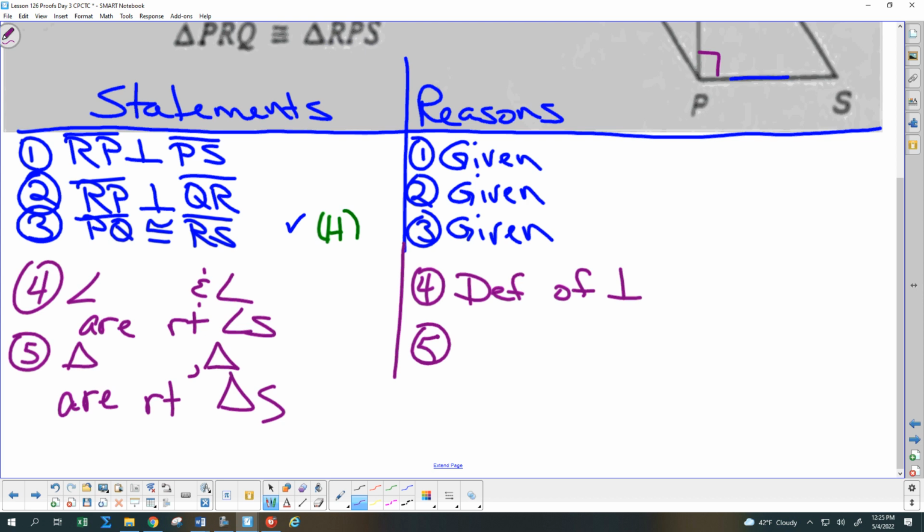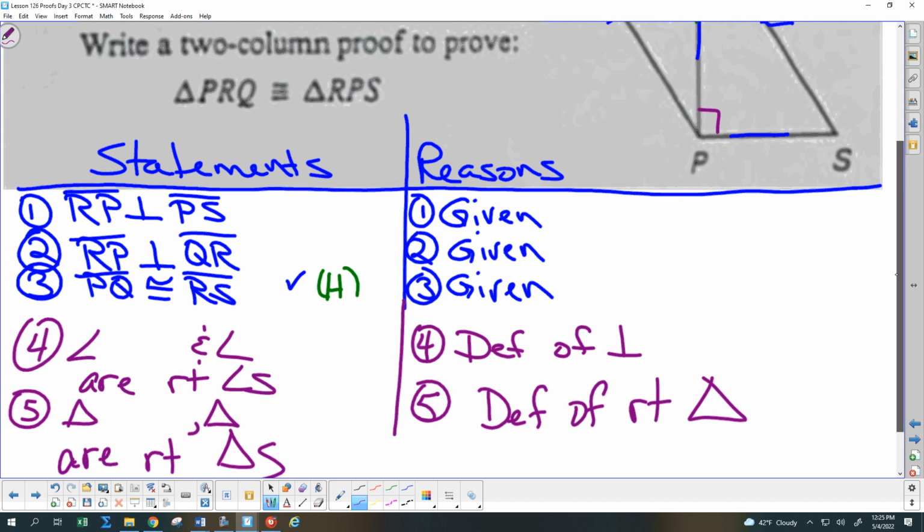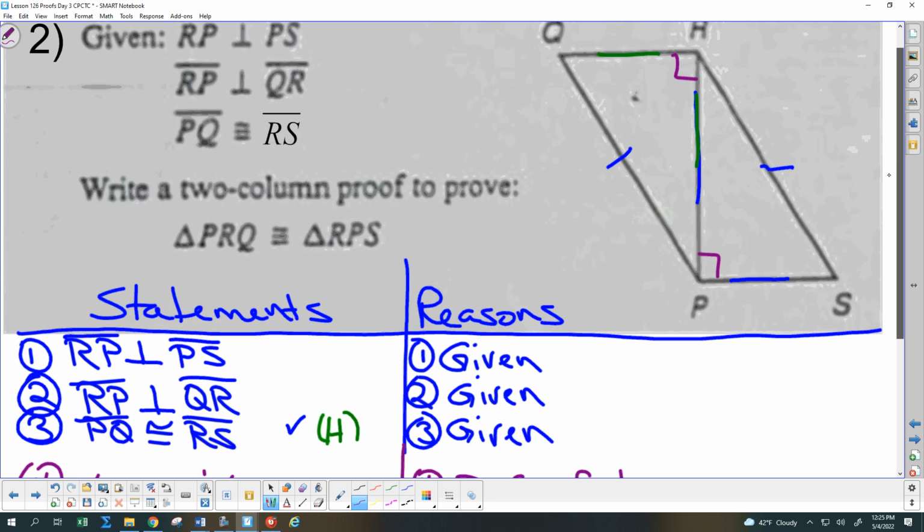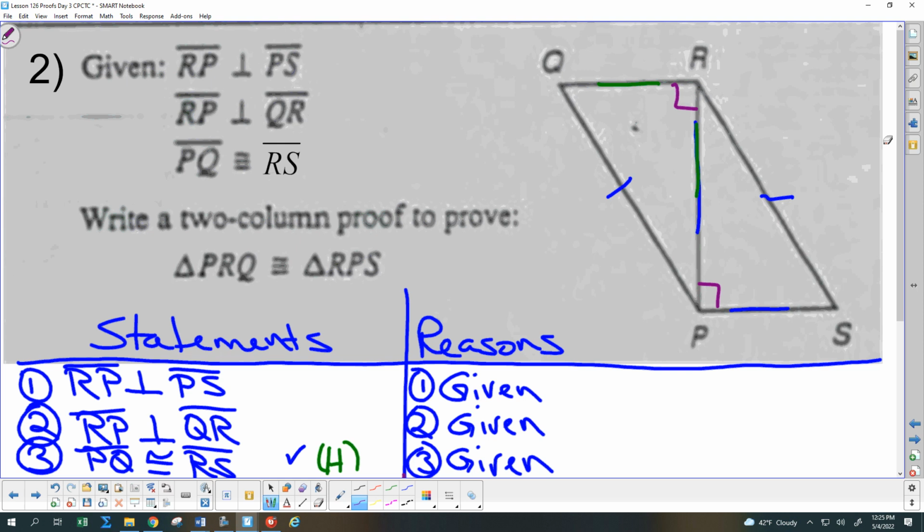Nicole? So definition of right triangle. So I have to get my letters in the right order. So I'm going to look at this. And you know, this one says PRQ. So that's this angle up here. And R is indeed the vertex.